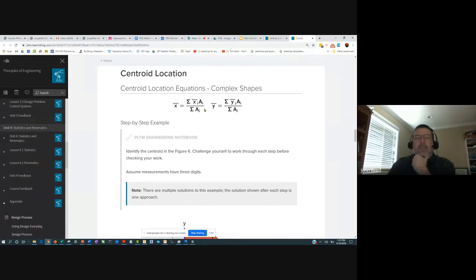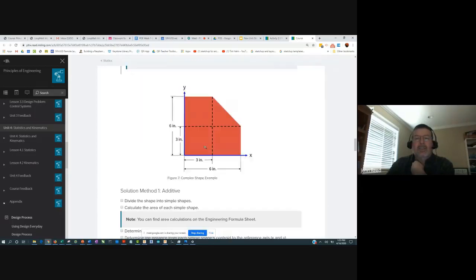So we break it up into smaller pieces, as we'll do in a minute in this example, and then we sum up all the x centroid values, and we weight them by the area of the figure that they're the centroid for. And then we divide by the area. So this is kind of a weighted centroid based on how big of an area it represents. Okay, let's go ahead and do this problem.